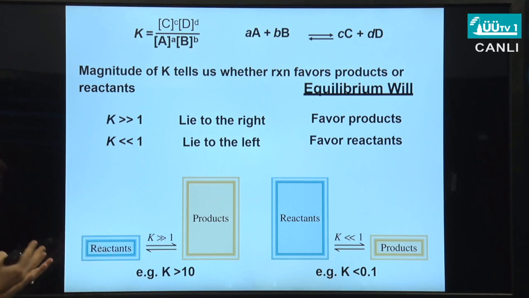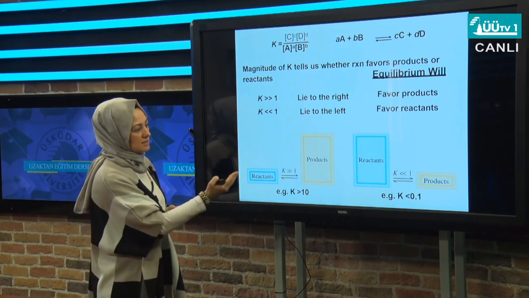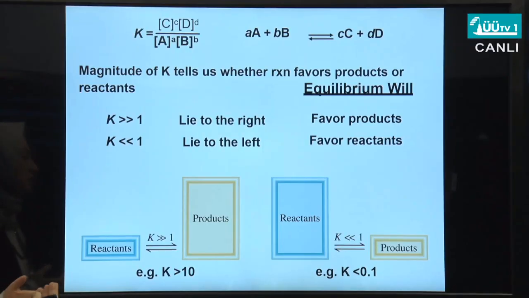So what do we mean by a huge value? For instance, K values greater than 10 can be regarded as a big value of the equilibrium constant, and this shows that the reaction favors the product side more. And by a small value we mean, for instance, K values less than 0.1, and they favor the reactant side, and the equilibrium will lie to the left, to the reactant side.